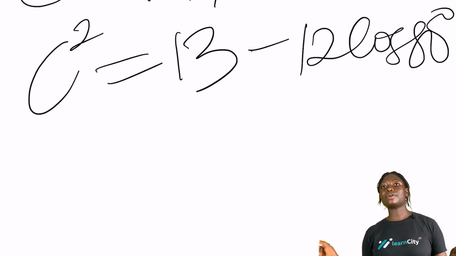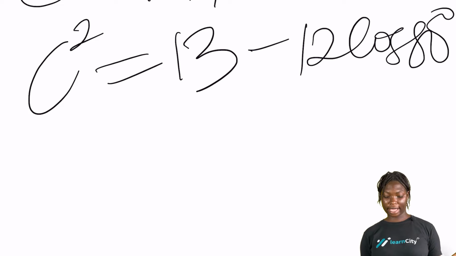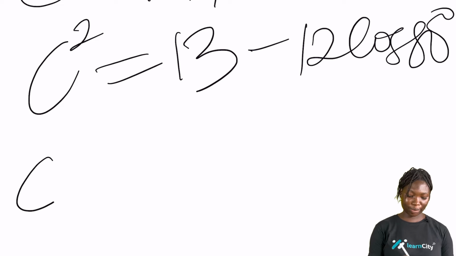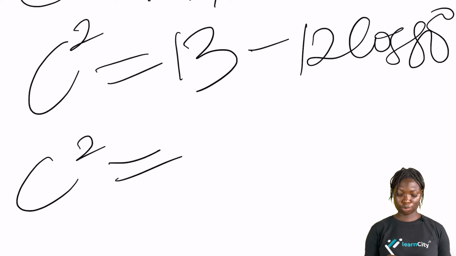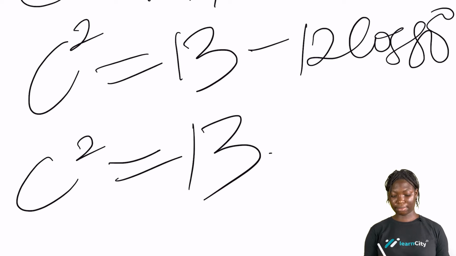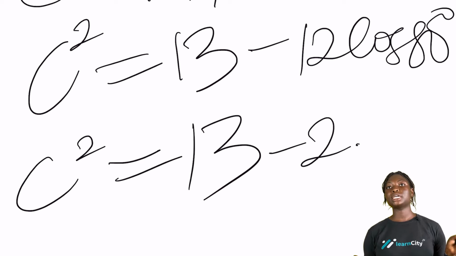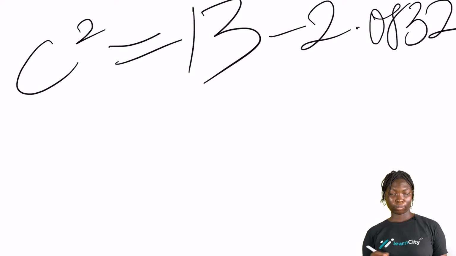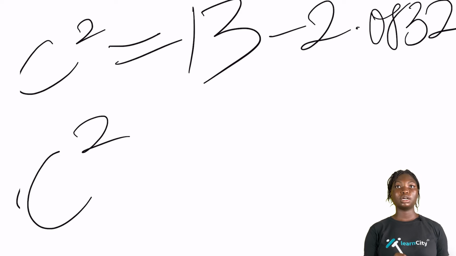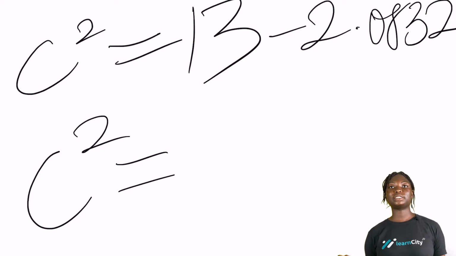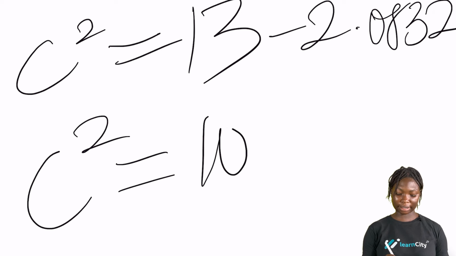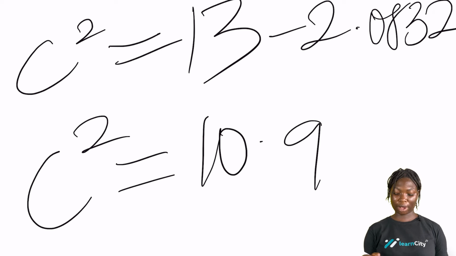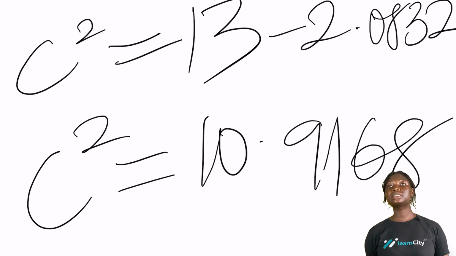So our 12 cos 80 degrees is 2.0832. So we have C squared equals 13 minus 2.0832. And we have our C squared to be 10.9168.